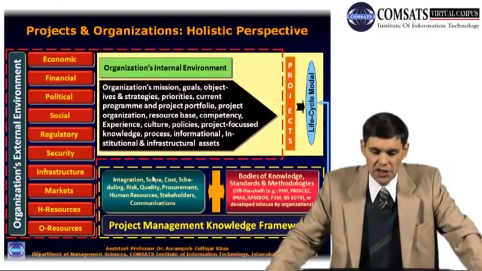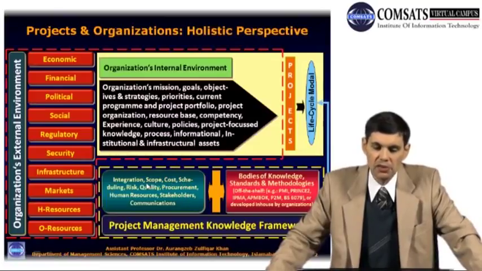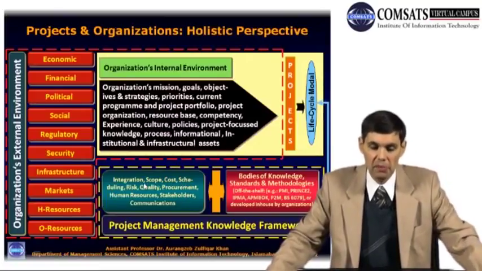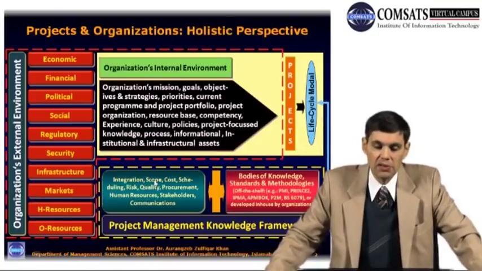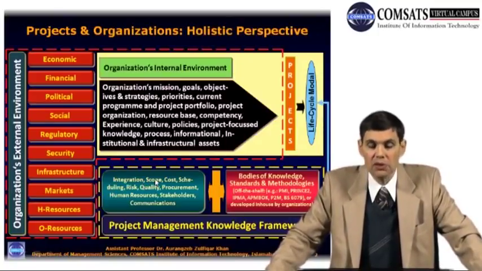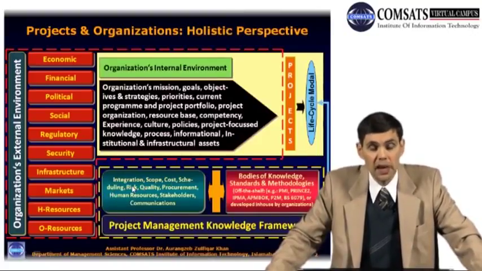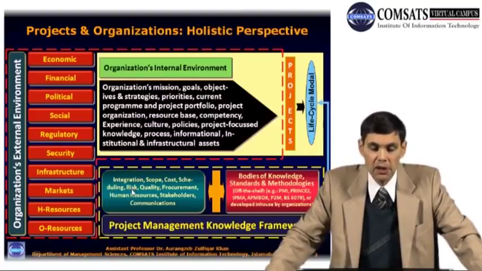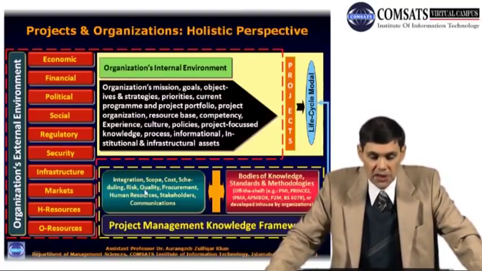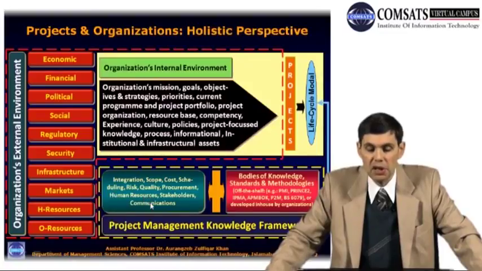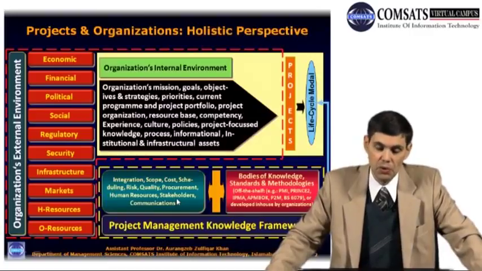Next to the bodies of knowledge, I have put this box to illustrate that every project has various dimensions, such as the scope dimension, which leads to the goal of the project, the cost dimension, the time or scheduling dimension, risk dimension, quality dimension, procurement dimension, human resources dimension, communications dimension, stakeholders dimension, of course.